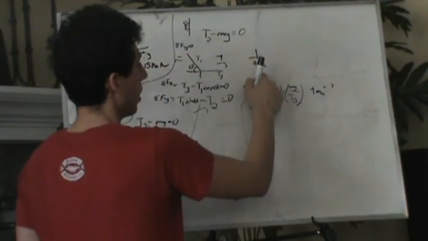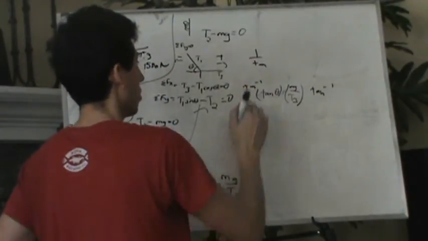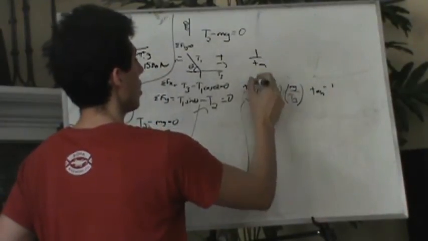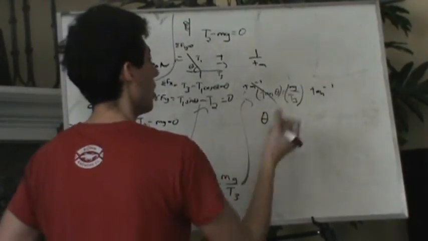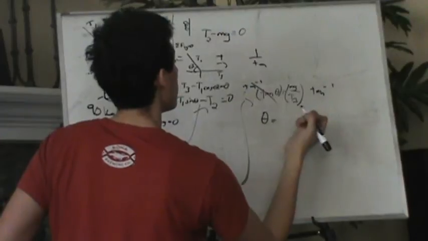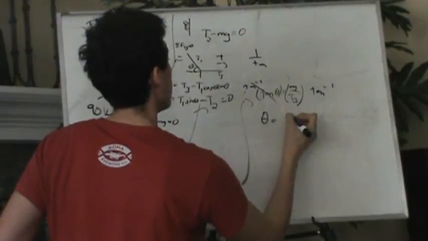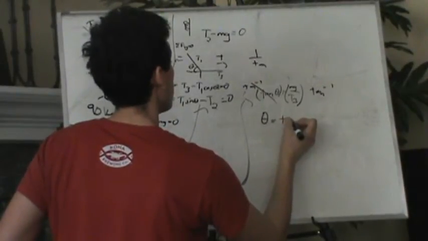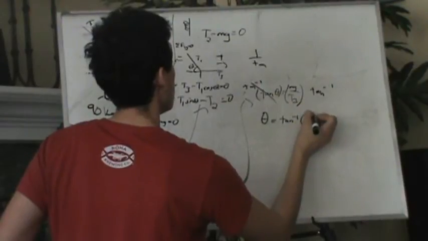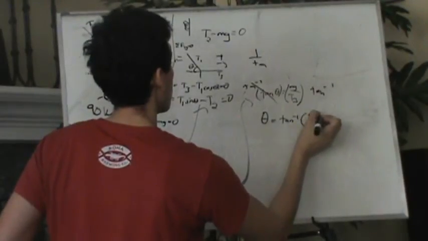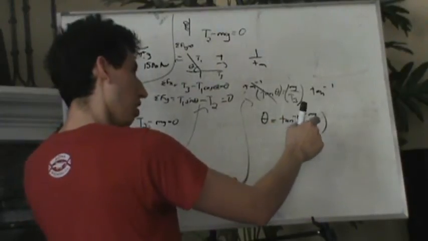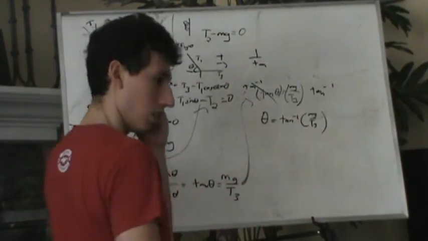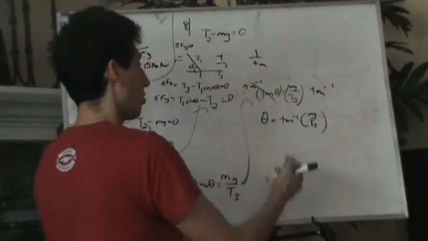Since you're applying the inverse, here and here these cancel out, so all you have is theta. And here, this is basically the same as tangent inverse of mg over T3. Again, the other notation is really confusing. People would just rather do this.